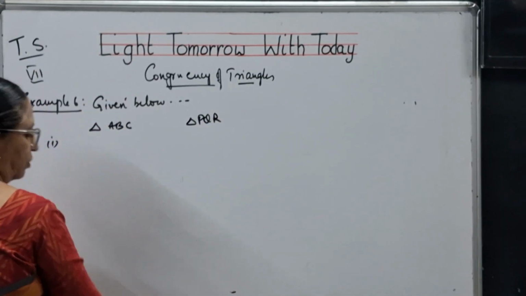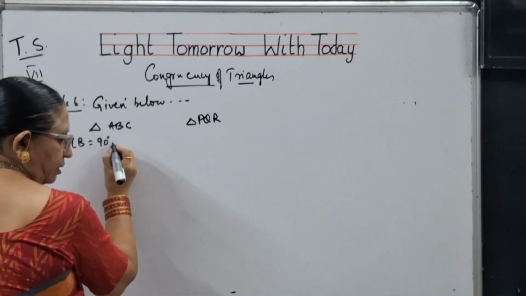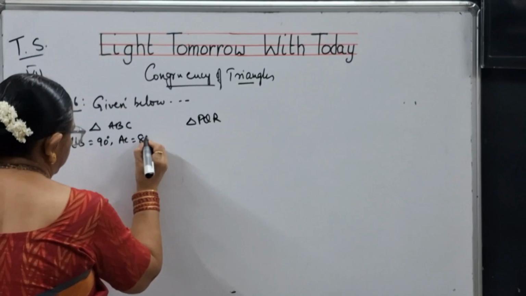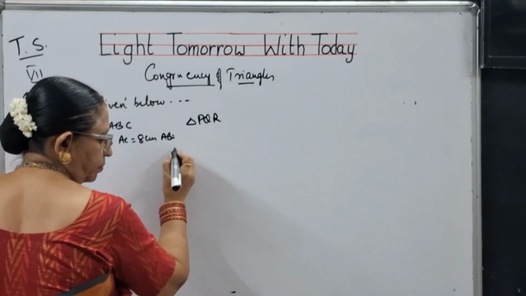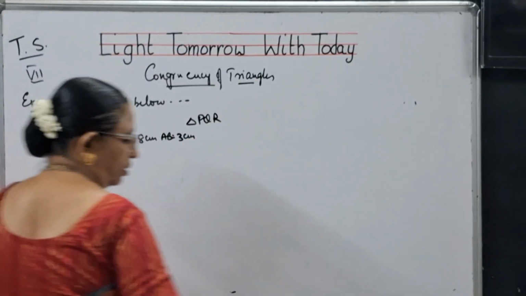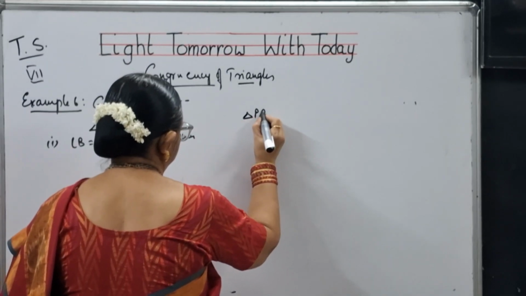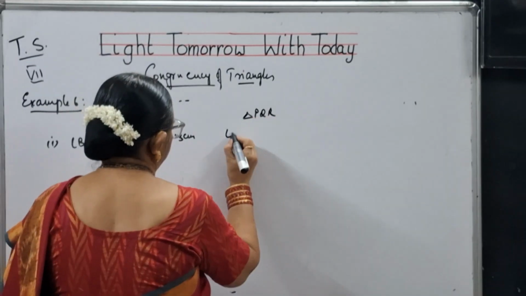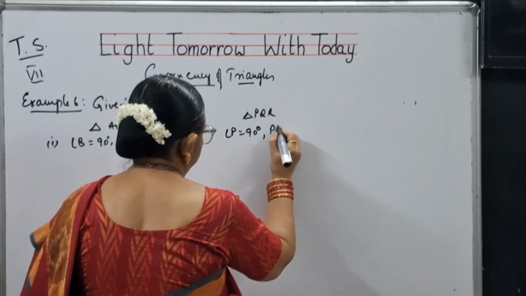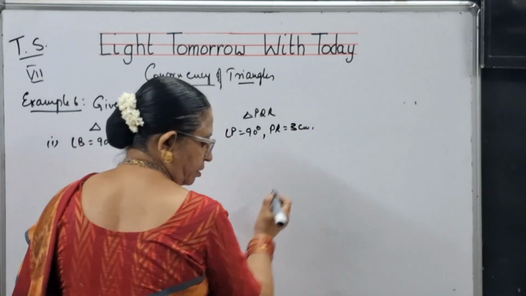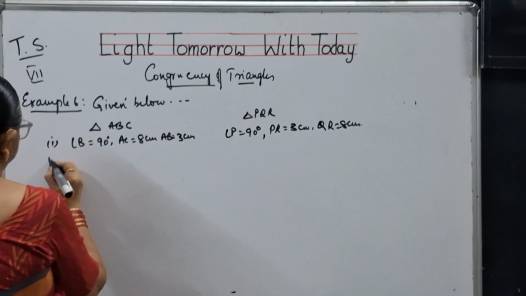In triangle ABC, angle B is equal to 90 degrees, AC is equal to 8 centimeters, and AB is equal to 3 centimeters. Let me write PQR a little to the other side. In triangle PQR, angle P is equal to 90 degrees, PR is equal to 3 centimeters, QR is equal to 8 centimeters. This is one problem.